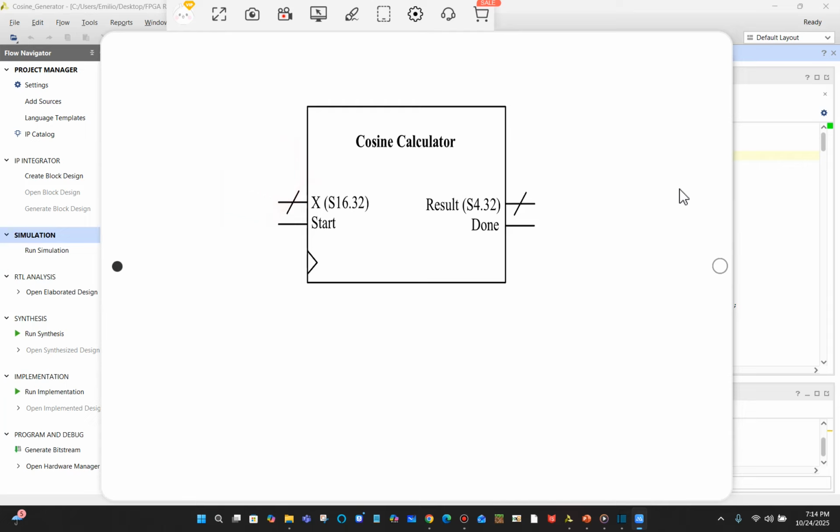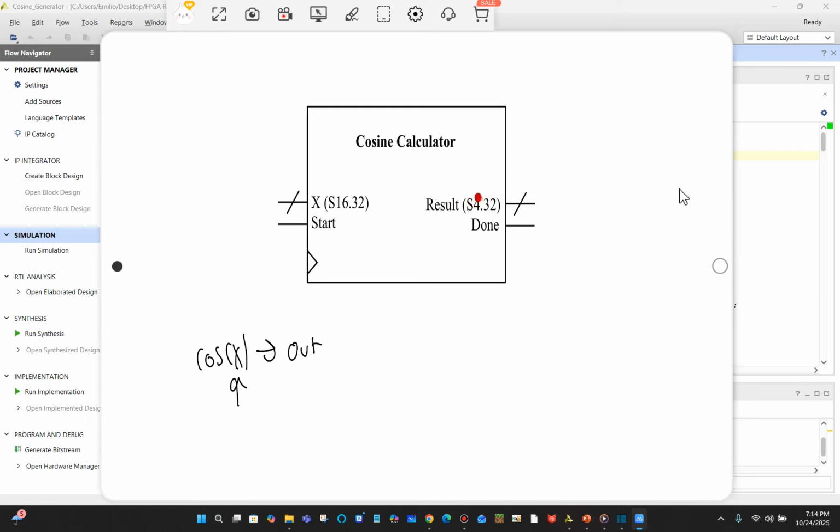Alright, so this is the cosine calculator module that we're going to be designing today, where it takes in a fixed point number for the input x, because cosine is always cosine of x. Feed in that x number, then you get an output. So we feed in our input x, then we're going to get our result.